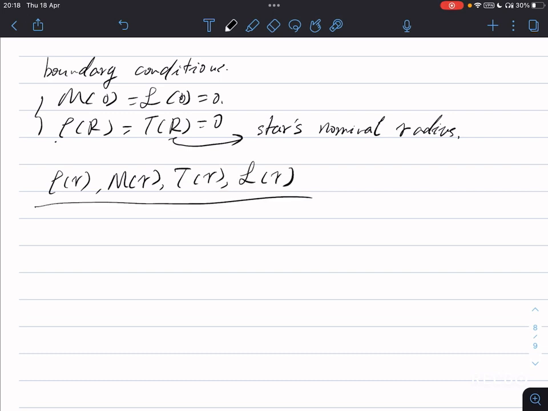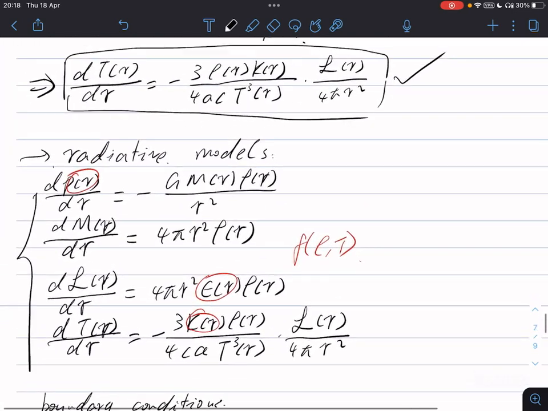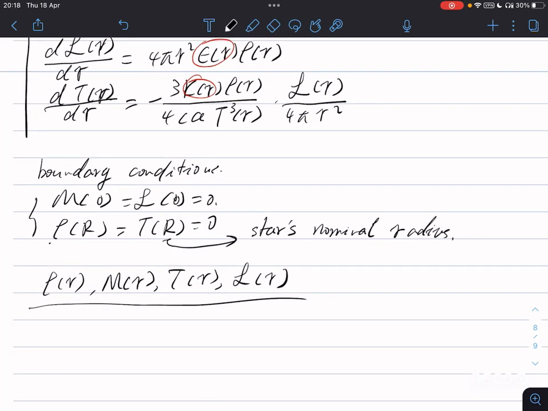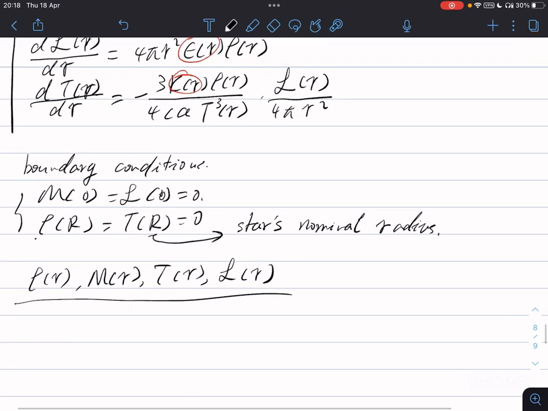These 4 functions are governed by the above 4 equations and the boundary conditions. Another thing we should notice here is the so-called nominal radius. You can think of the nominal radius R as just where ρ and T would vanish. If the four equations held out to this radius, it is not necessarily the same as the real radius of the star.